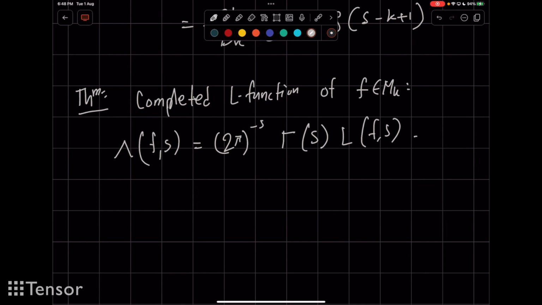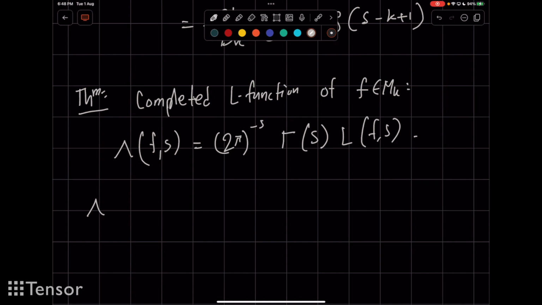So it's the completed L function of f, and this function capital lambda is defined for real part of s being greater than k, right?